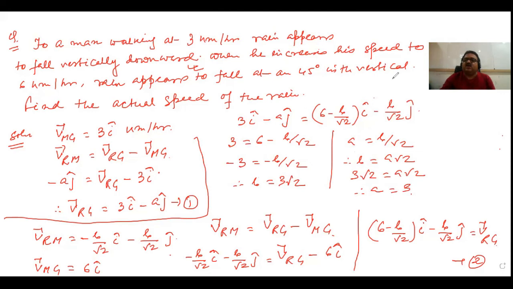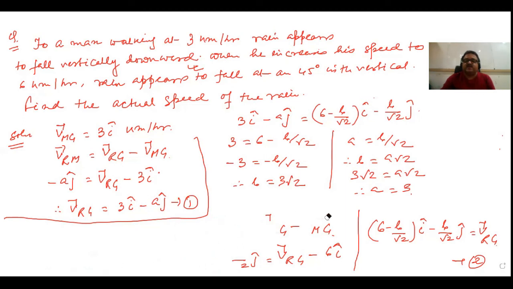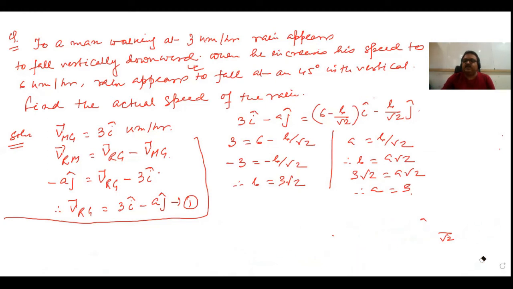Clear? Now, since we know the velocity of the rain with respect to the ground from equation 1 is 3 i cap minus a j cap, we can do it like this. The velocity of the rain with respect to the ground is therefore 3 i cap minus 3 j cap.